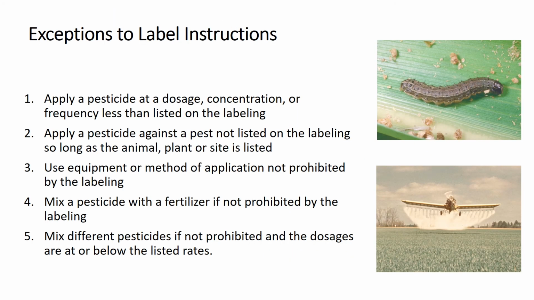Well, we've talked about the pesticide label being the law. Everything that's on there is what we have to follow. Even saying that, there are a few exceptions to pesticide labels, correct? Oh, there's always exceptions. We do have the ability to apply a pesticide at a dosage or concentration or at a lesser frequency than listed on the label.